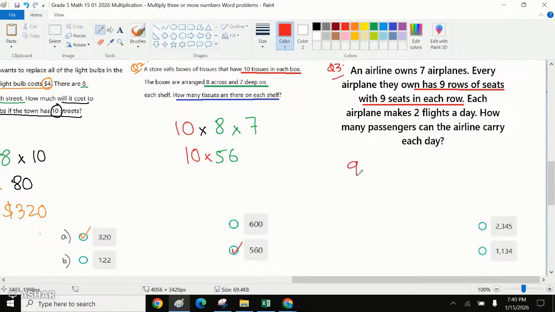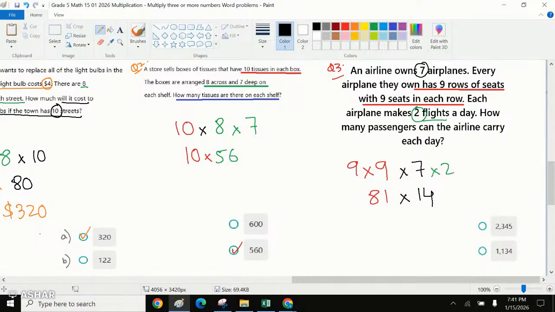There would be 9 multiplied by 9, right? Option B. Thank you, Job. And there were 7 airplanes. And how many flights? 2 flights per day.